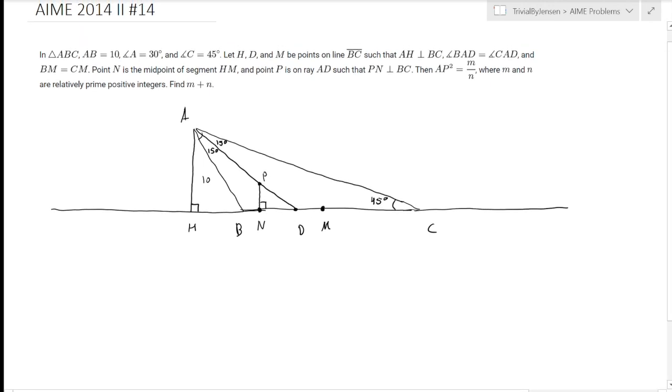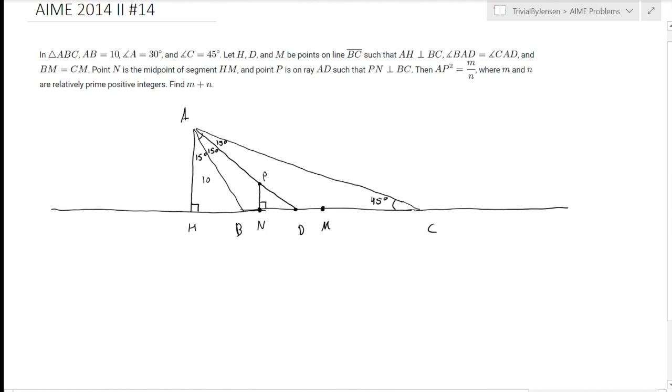Something nice about this problem is the very nice angles. We're given 30 degrees, 45 degrees, 15 degrees. That suggests we're going to be working with some kind of trig. Immediately, if we look at this big triangle, it's actually a 45-45-90 triangle, right? 45, 90, that has to be 45, meaning that this angle is 15 degrees.